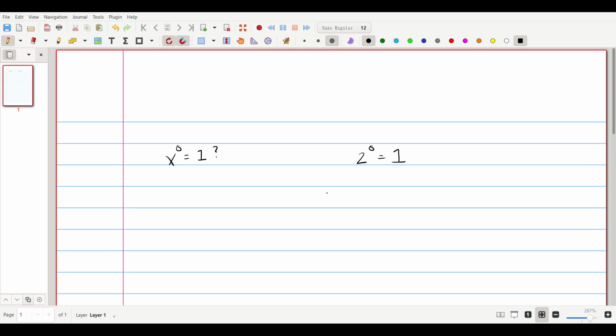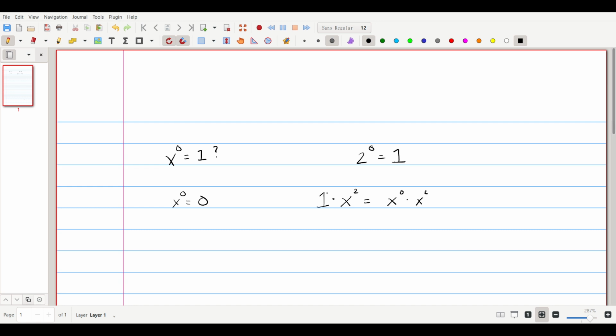But, okay, well, what would be another possible thing for this to be? Well, it might be 0, right? That's maybe what your intuition is telling you. But let's use one of the rules that we just learned, the product rule. So if we had x squared, right? Well, this is the same as 1 times x squared, right? And so if this is true, this is the same as x to the 0 times x squared, because we're saying x to the 0 is 1.